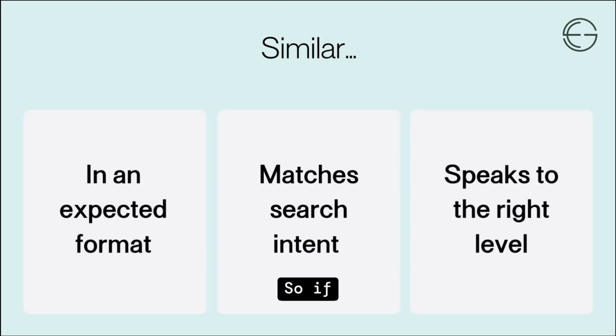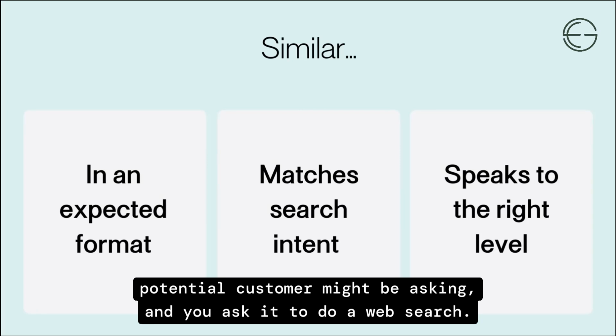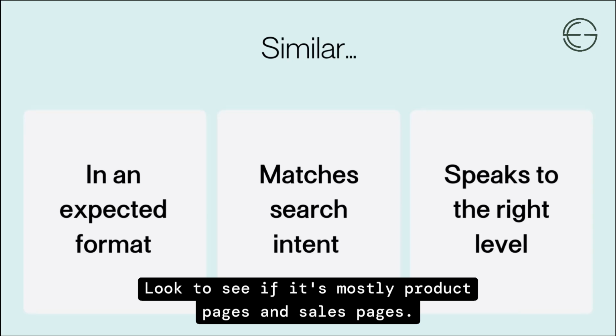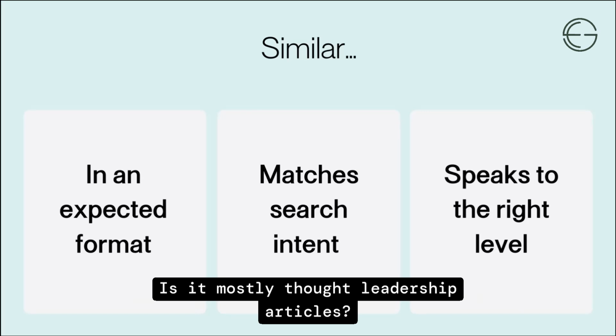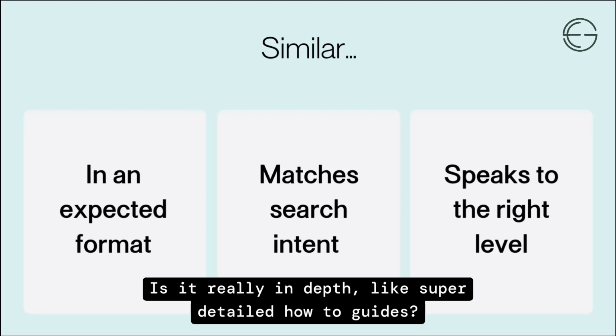So if you go to ChatGPT and you type in some questions that you think your potential customer might be asking, and you ask it to do a web search, look at the content that it comes back with. Look to see if it's mostly product pages and sales pages. Is it mostly thought leadership articles? Is it a lot of listicles? Is it really in-depth, super detailed how-to guides?